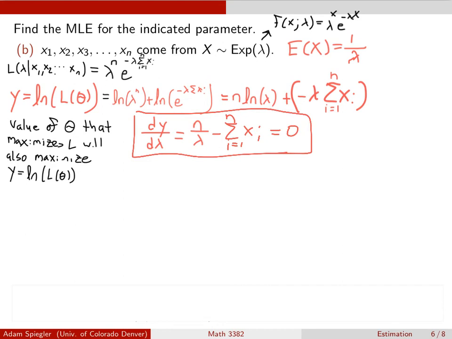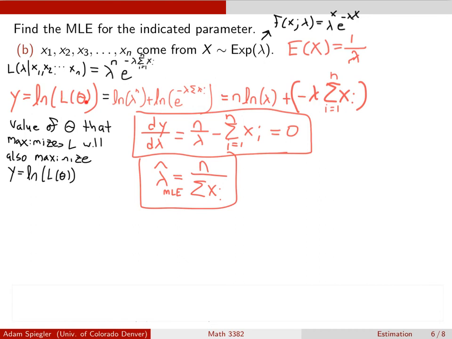So if we solve this for lambda, we would get that lambda is equal to n divided by the sum of the xi's. So that would be our maximum likelihood estimate for the value of lambda. And so what we've observed is that this value of lambda makes the natural log of L greatest.